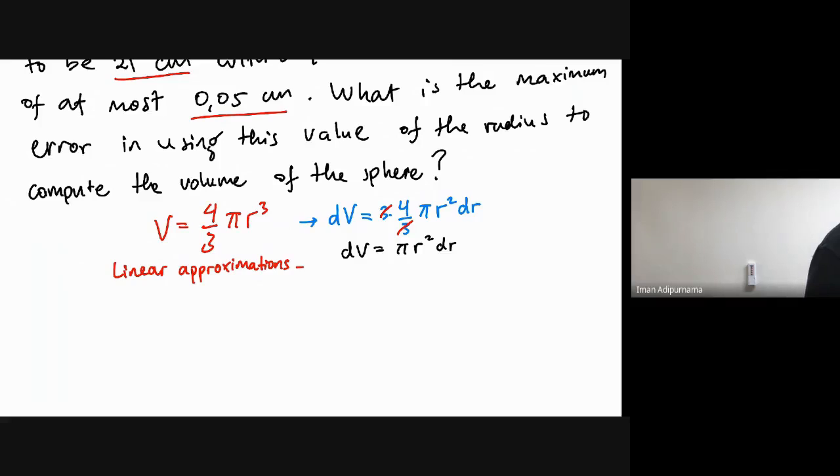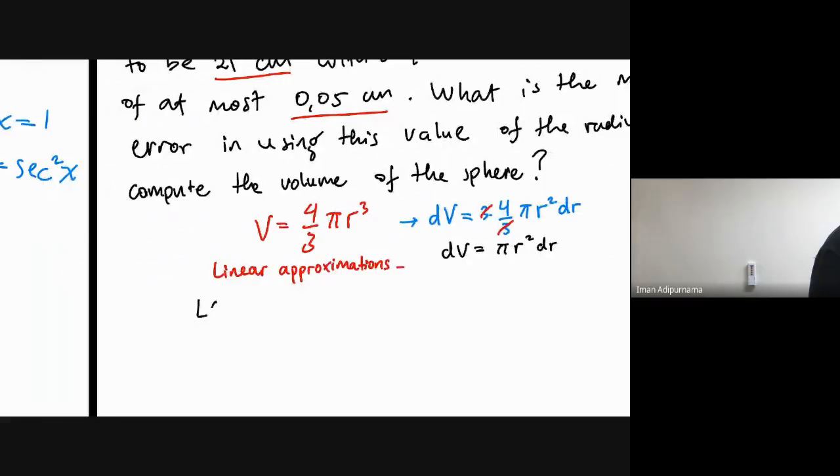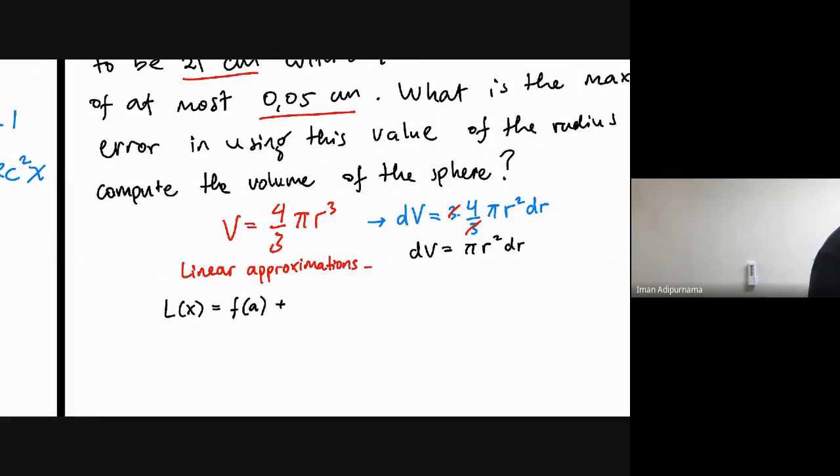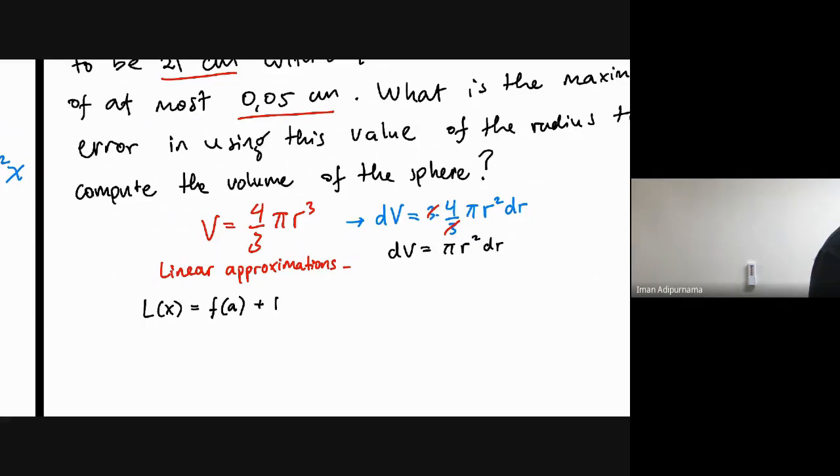Let me write the linear approximations that you know. We can solve this.